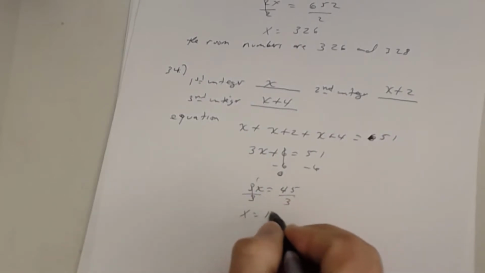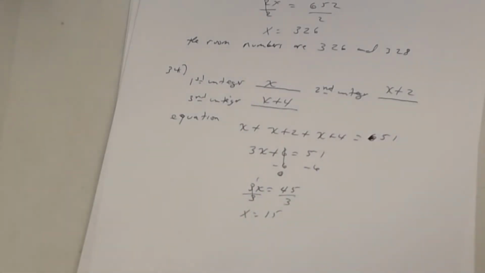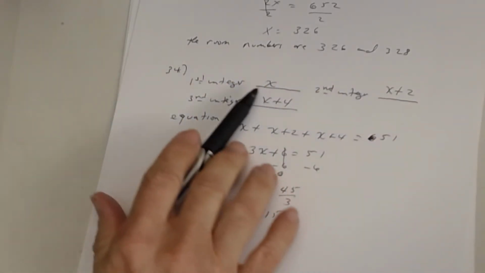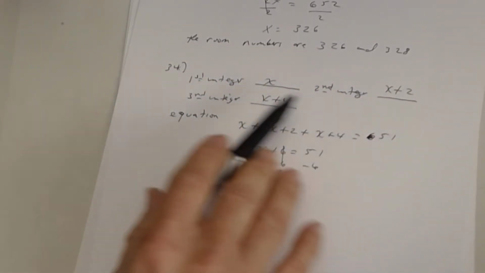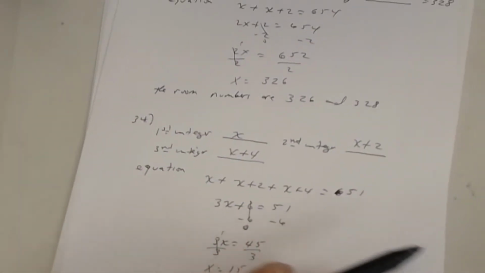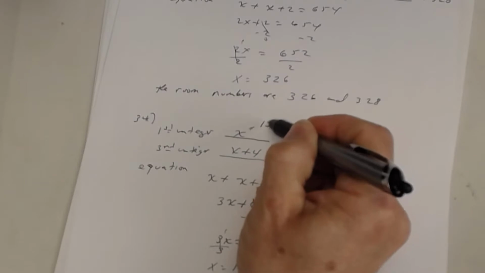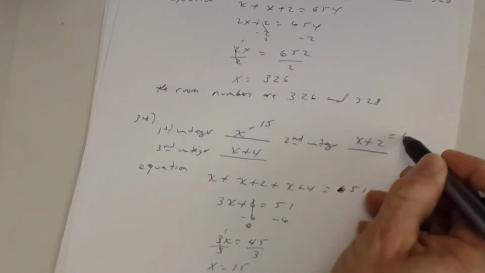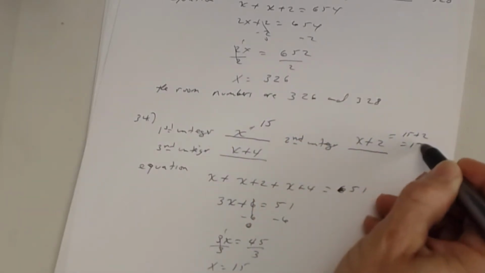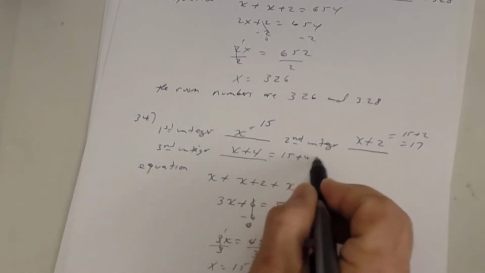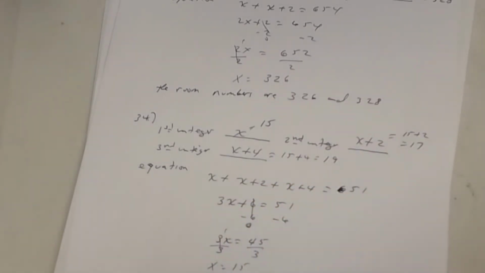So x is 15. Once you find what x represents, then just go back over here and indicate what each of those unknowns are. So if x is 15, that means my first integer is 15. My second integer is 15 plus 2, which is 17. And my third one is 15 plus 4, which is 19.